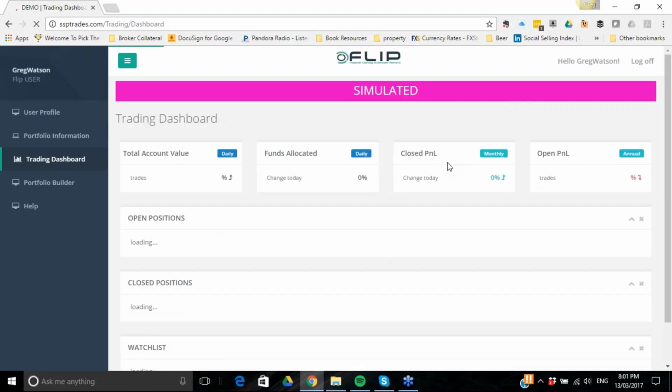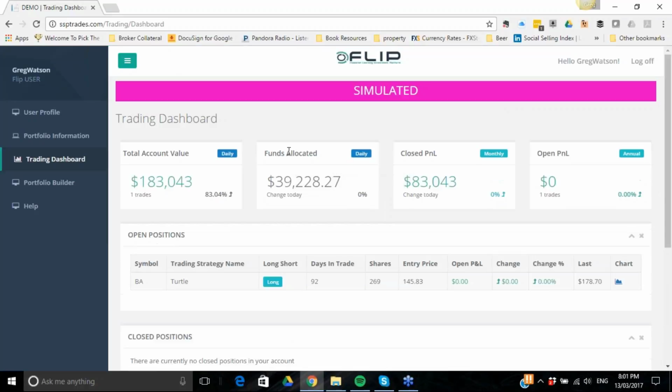So now, it's still thinking. There we go. Okay. So according to this portfolio, over the period of time it would have grown from $100,000 to $183,000, closed profit and loss of $83,000.